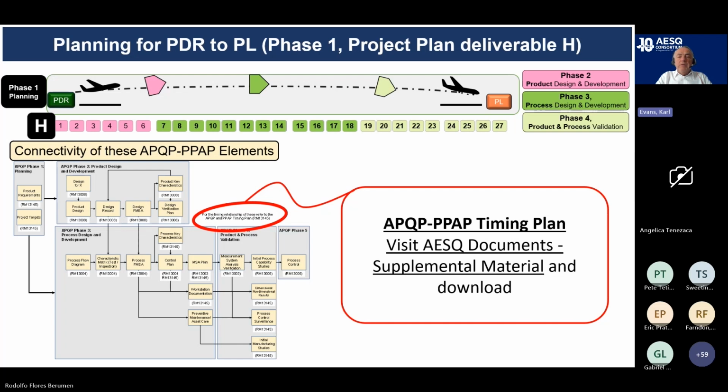So I want to talk about planning. When do you do planning? The flight path we described is what you've flown through to get to the end game, which is production launch. But you need to plan ahead of that, and that means at the point of PDR in APQP, one of the key deliverables of the planning phase is what's called the project plan.